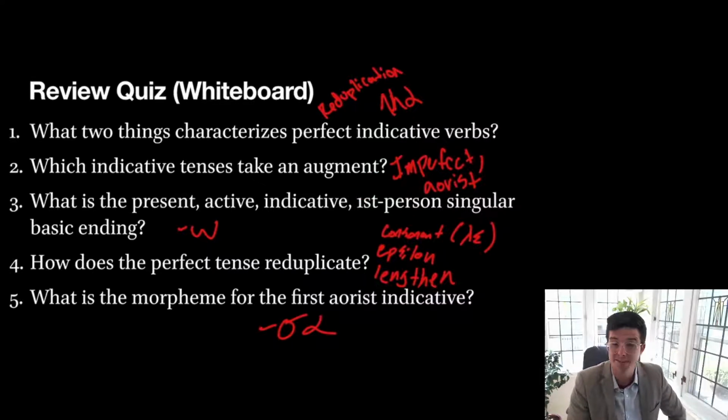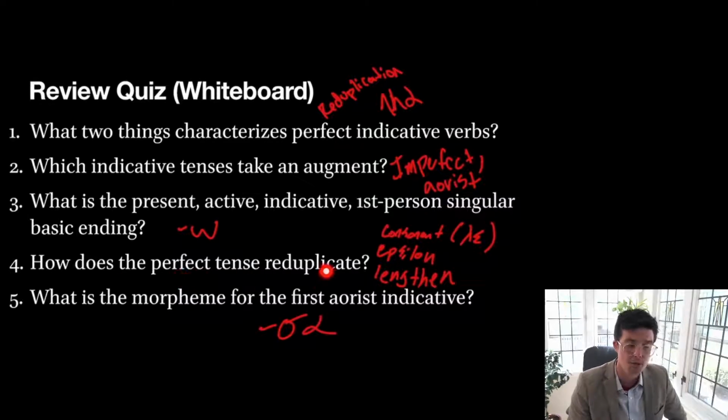The present active indicative first person singular ending is omega, and so the main class of verbs that we have learned so far are called omega conjugation verbs, and that is because of this fact right here, that their present active indicative first person singular ending is omega. So mi verbs are going to be a class of verbs that take not omega as this ending, but mi. And so they take their name from that fact.